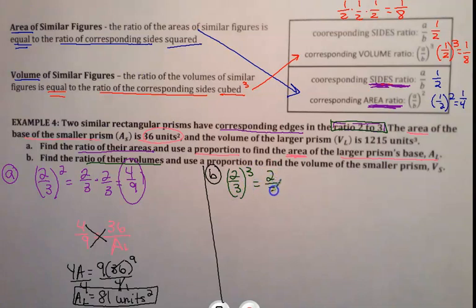Again, that's 2/3 times 2/3 times 2/3. Anybody agree with 8/27ths? Okay, so 8/27ths is our first part there. This is the ratio of our volumes.